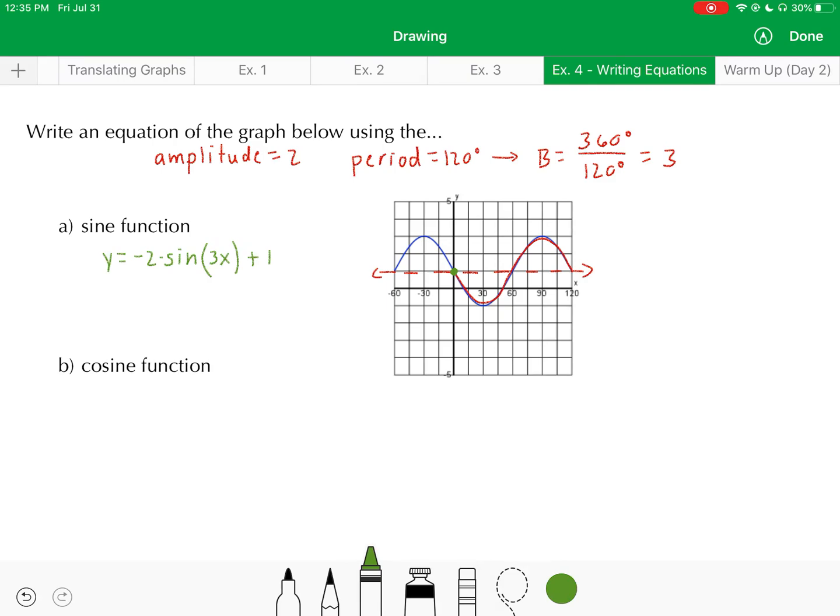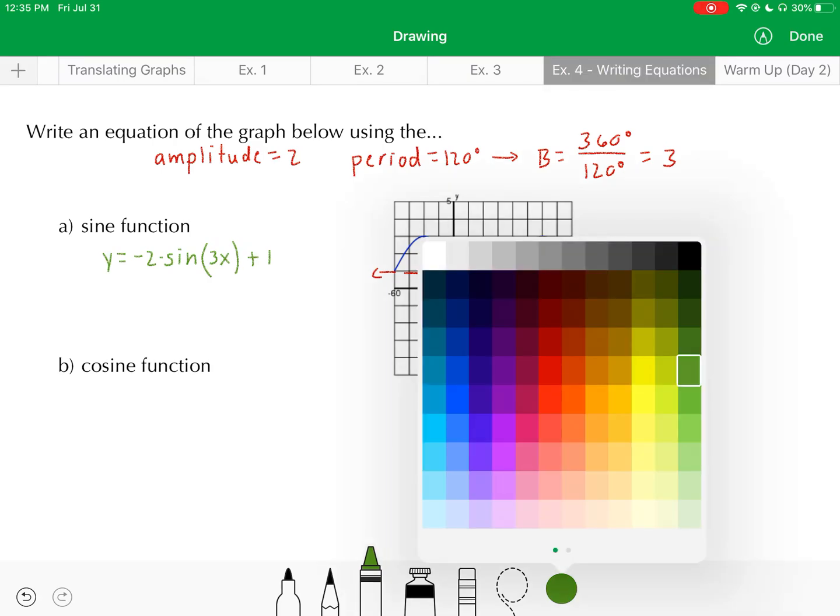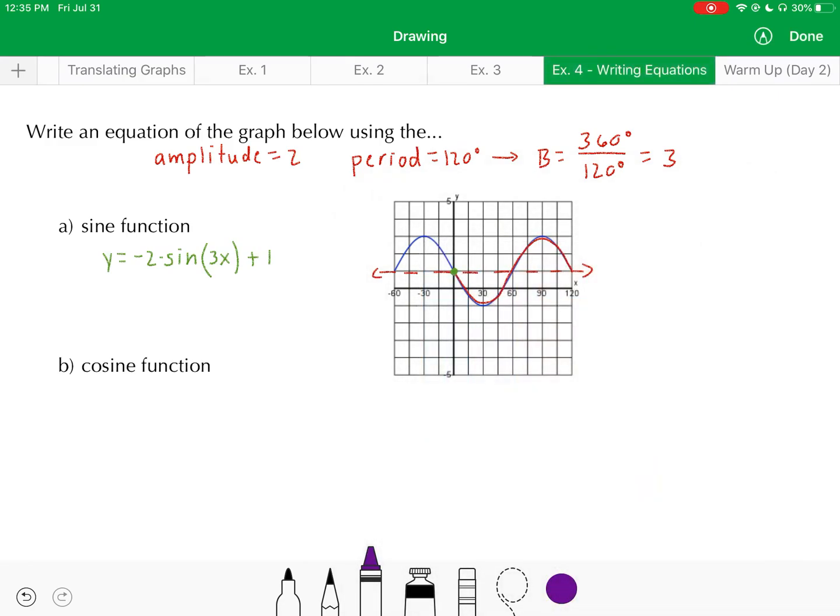Now, suppose you didn't choose that green point as your first point of a cycle, and instead you chose, let's say, maybe this point right here at -60, 1, all right? Now you would have to account for a horizontal shift of 60 degrees to the left of the y-axis, right? So that changes a couple things about the equation. Now your a value would have to be considered +2.